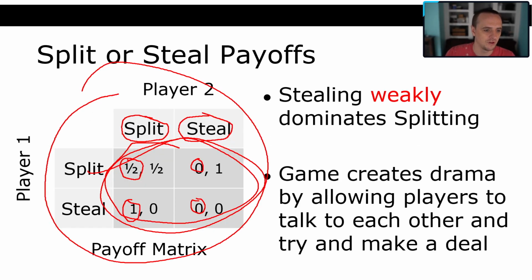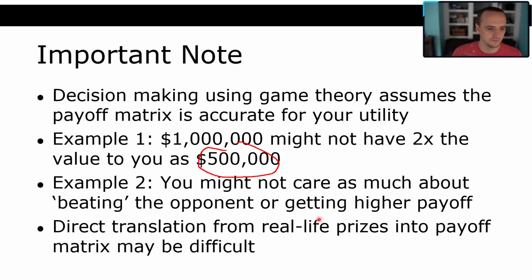Like for example, back in the Split or Steal game, maybe if it was $100,000 versus $50,000 in your personal payoff matrix, maybe you just want to get any amount of money. So getting the 50 is equally as good as getting the 100 for you, right? So just realize that the payoffs are sometimes hard to decide.